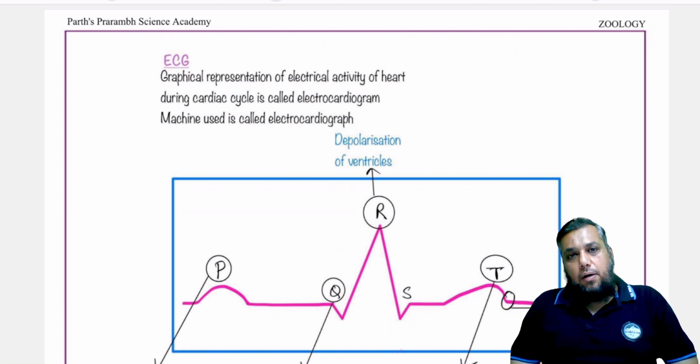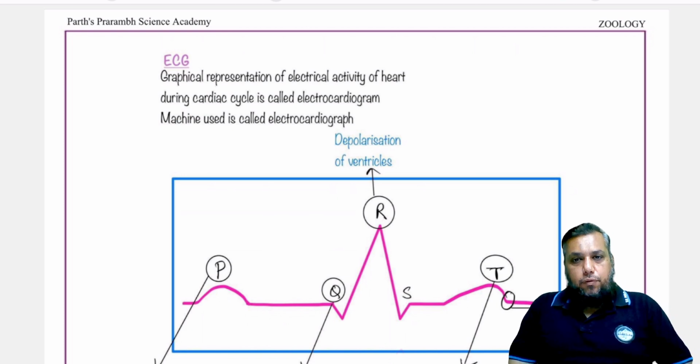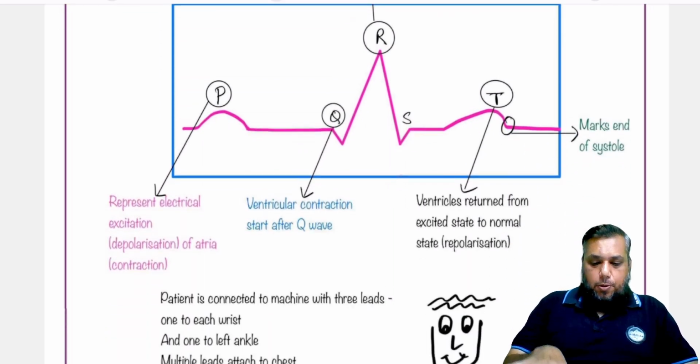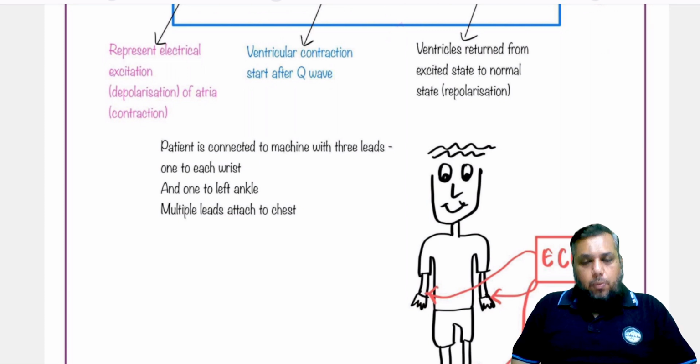Now, the graph in front of you is the graphical representation of the electrical activity of the heart, and that is called the electrocardiogram. And the machine that we use to get the electrocardiogram is called the electrocardiograph. The details of how it is to be used have been discussed with you in the lecture.